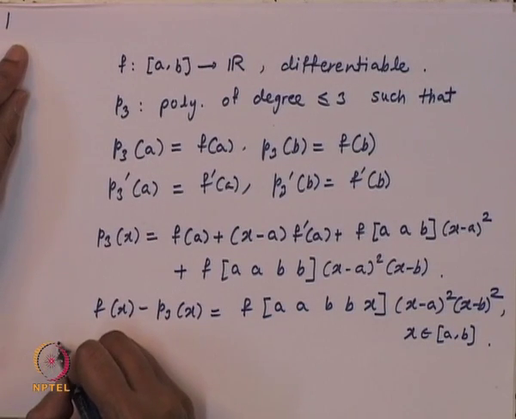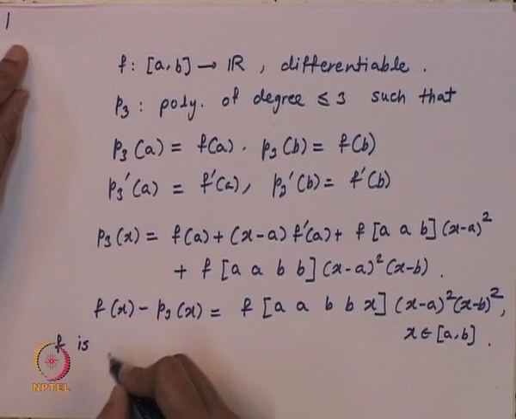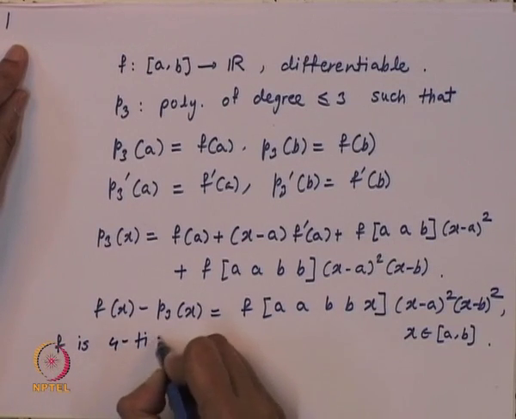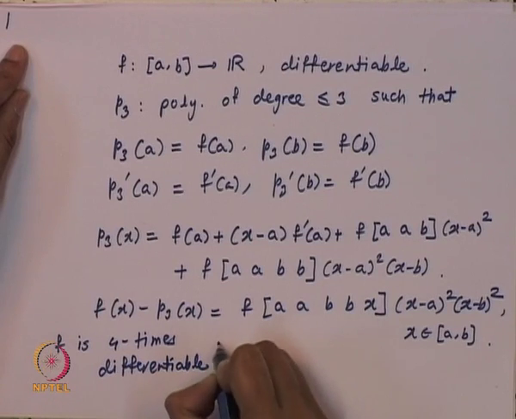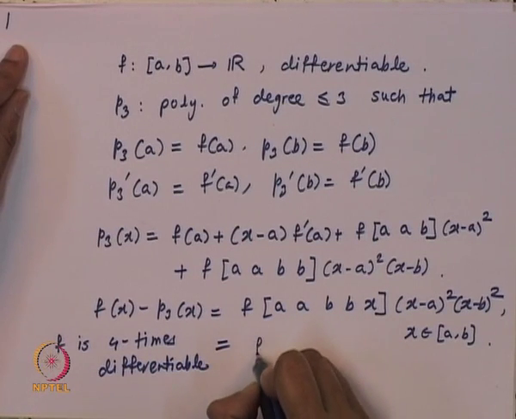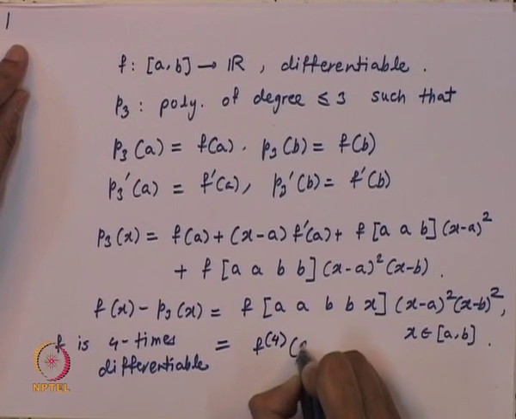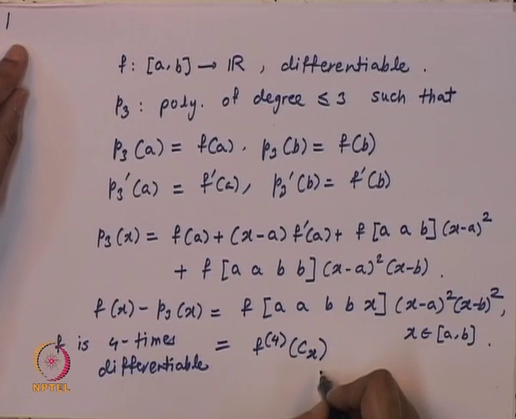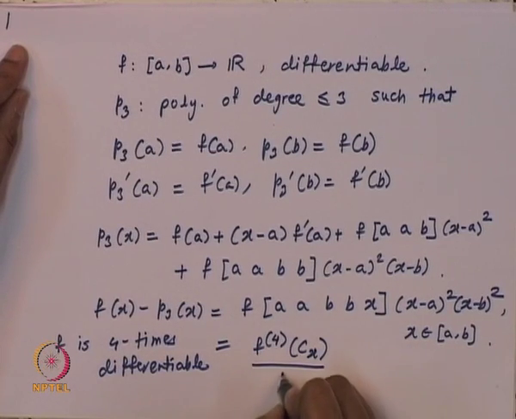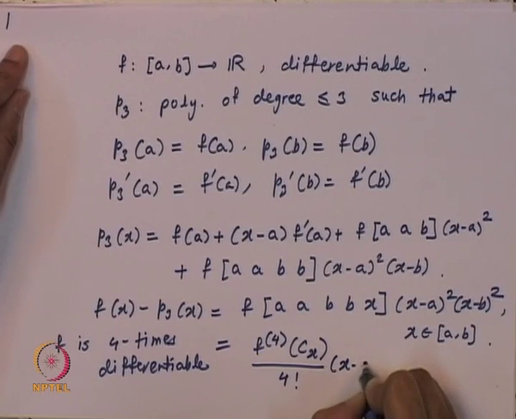Now, if f is 4 times differentiable, then we can write the divided difference as the fourth derivative of f evaluated at some point c, where c is going to depend on x, divided by 4 factorial, times (x minus a) square (x minus b) square. Now, we look at the maximum error.